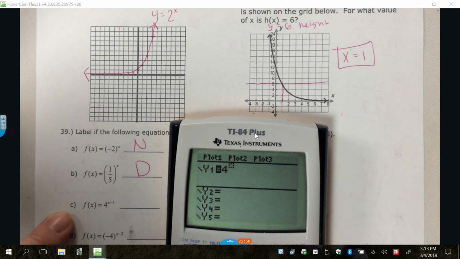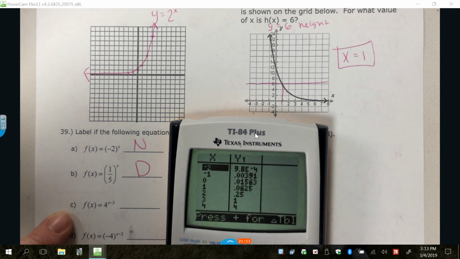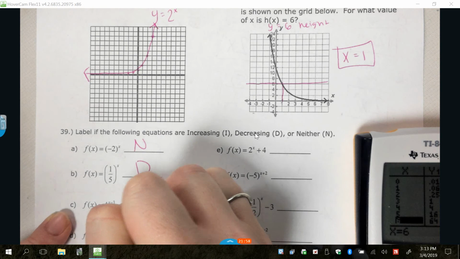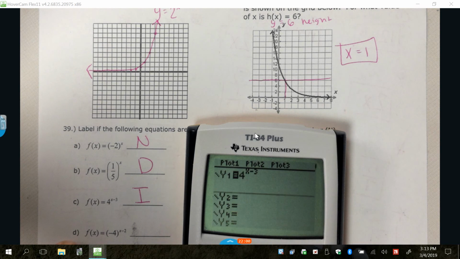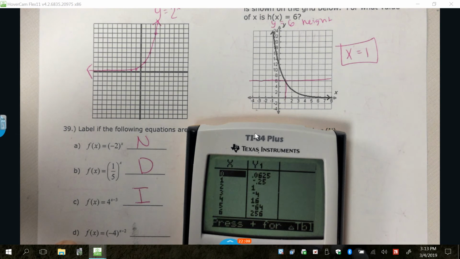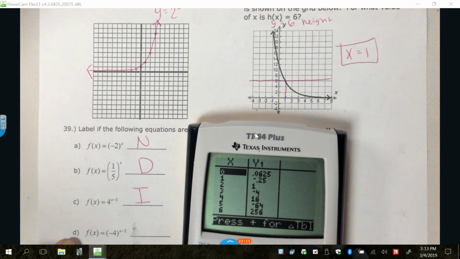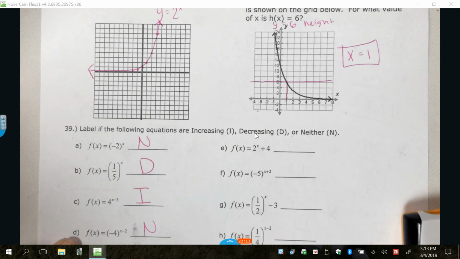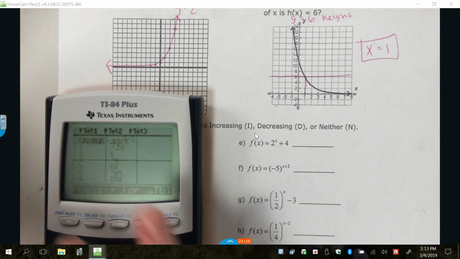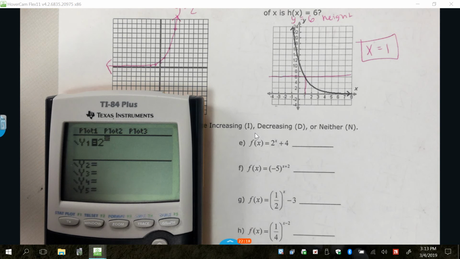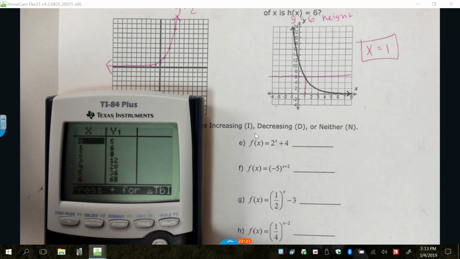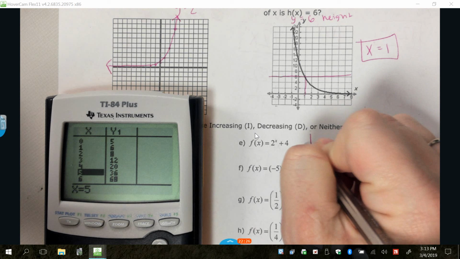4 to the x minus 3. So if you notice, these numbers are getting bigger. So this is increasing. Negative 4 to the x minus 2. So every other one is positive, negative, positive, negative. So this is neither. These numbers are getting bigger. So this is increasing.